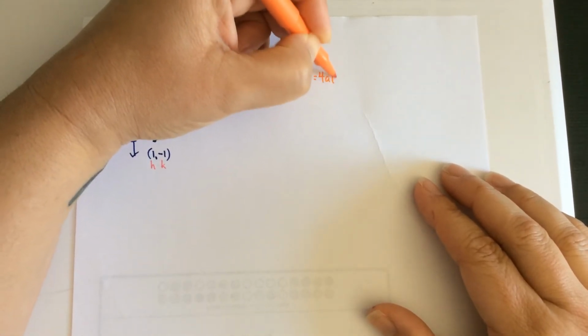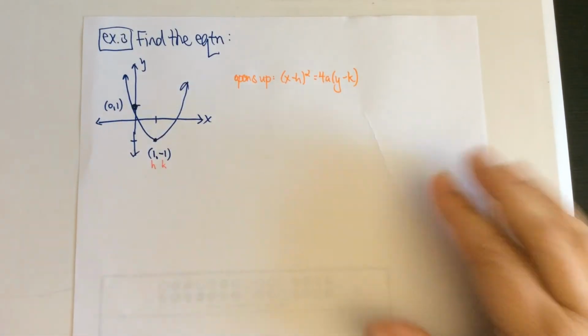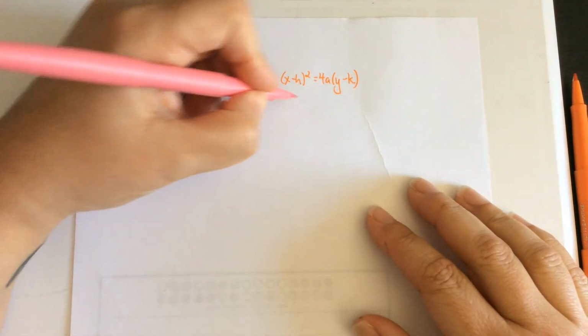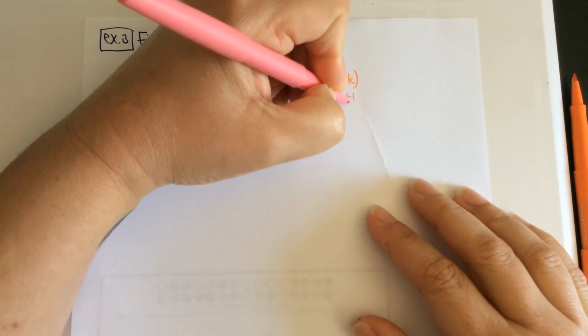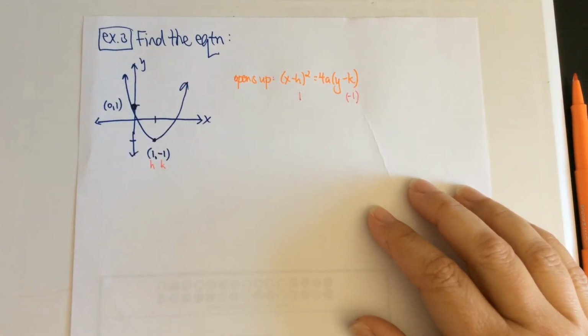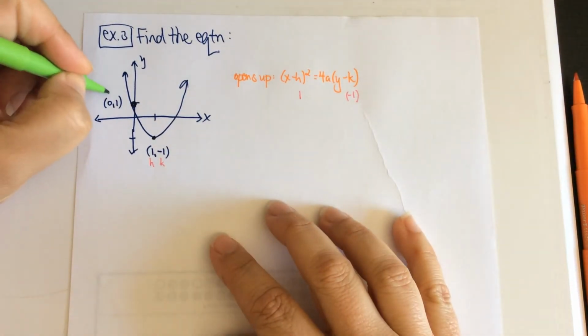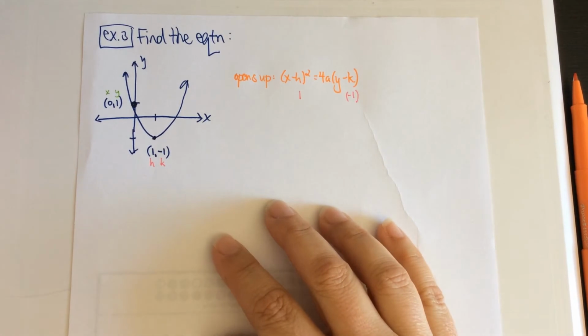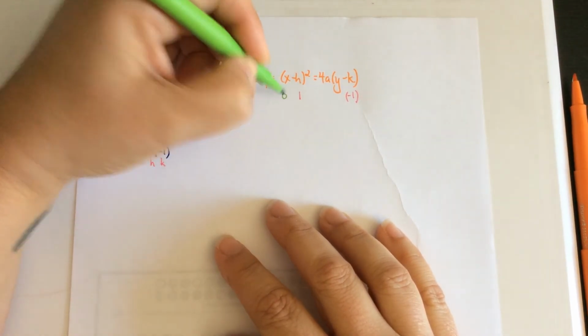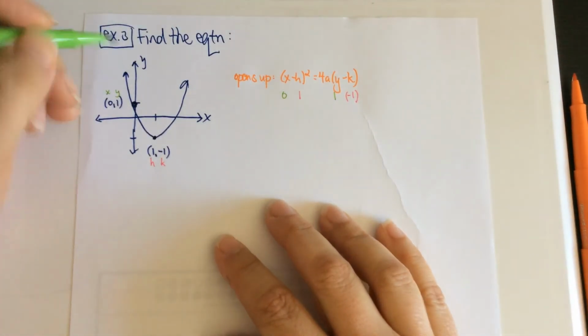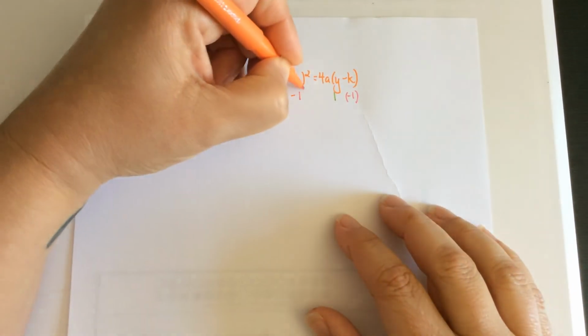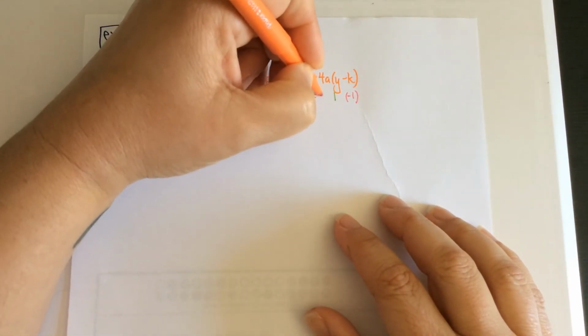So we're going to use this equation from last time. Okay. We're going to plug in the h and the k right there. And then we also need to recognize that this is just an x and y, any old x and y. So I'm going to plug in 0 for the x and 1 for the y, and then the rest of the equation is going to stay the same.